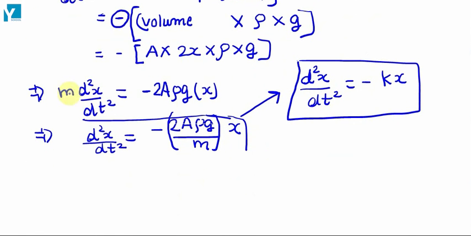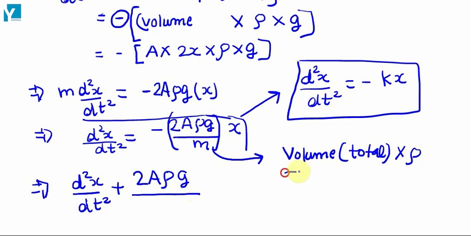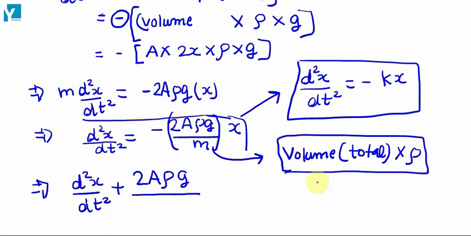To calculate the time period of SHM, we can further write d square x by dt square plus 2 times area of cross section of tube into density of mercury into acceleration due to gravity. This mass of the liquid can be written as total volume into density of liquid, and total volume can be written as area of cross section of the U-tube into the total length of the liquid filled.